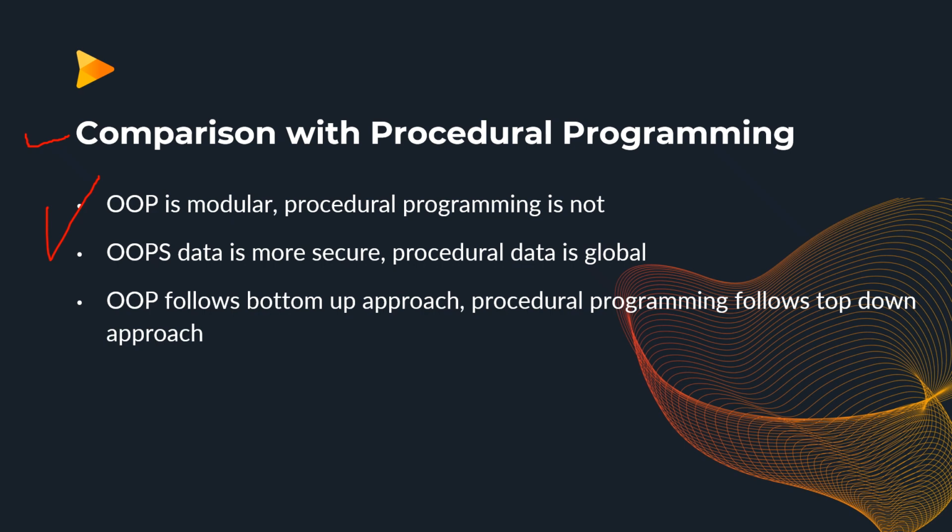In OOPS data is more secure and in procedural programming data is not secure. Security is very important for our data or our application. OOPS follows a bottom up approach and procedural oriented programming follows a top to bottom approach. This is the main difference.